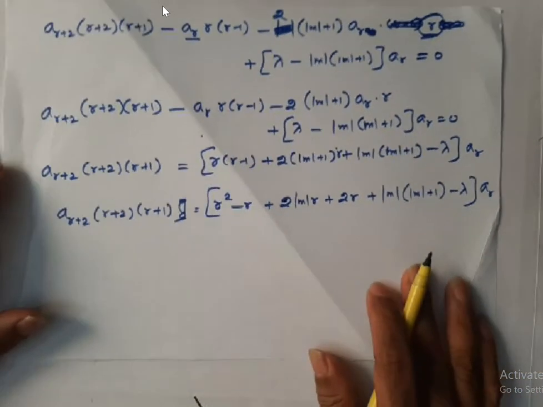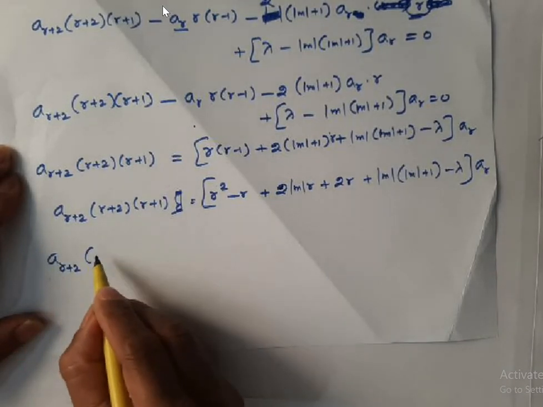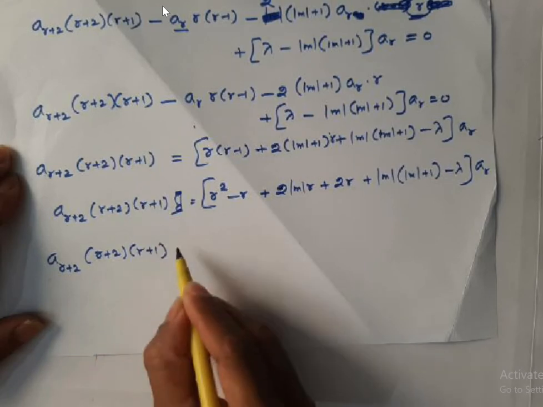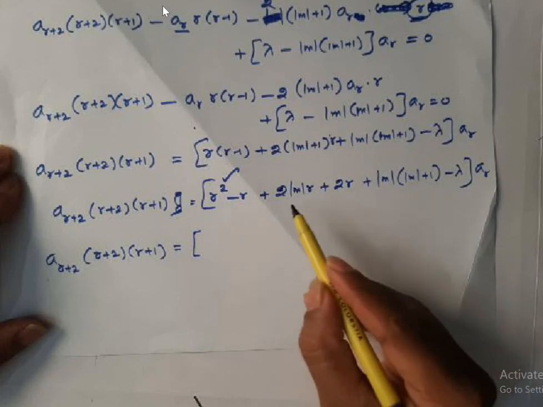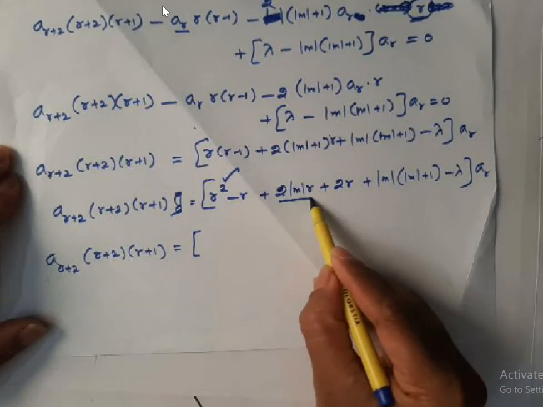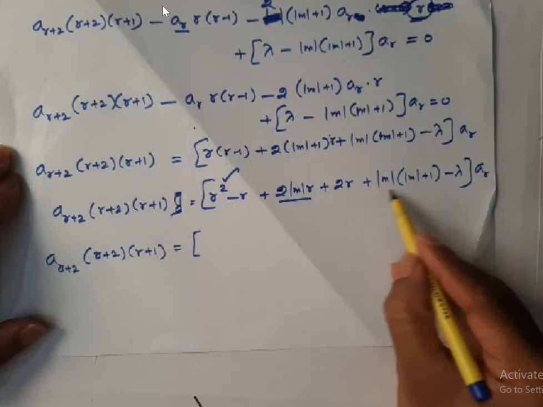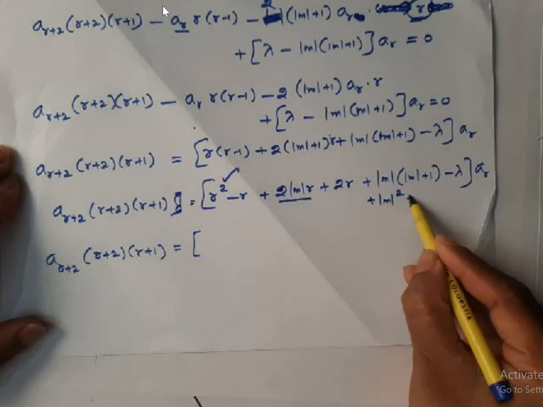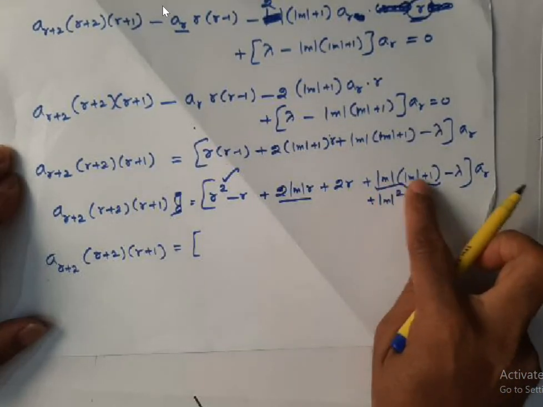Now this can be further simplified as ar plus 2 into r plus 2 into r plus 1 equal to, see here, a square plus 2ab, and this can be written as modulus of m square plus modulus of m. If I multiply inside, I'll get modulus of m square plus modulus of m.